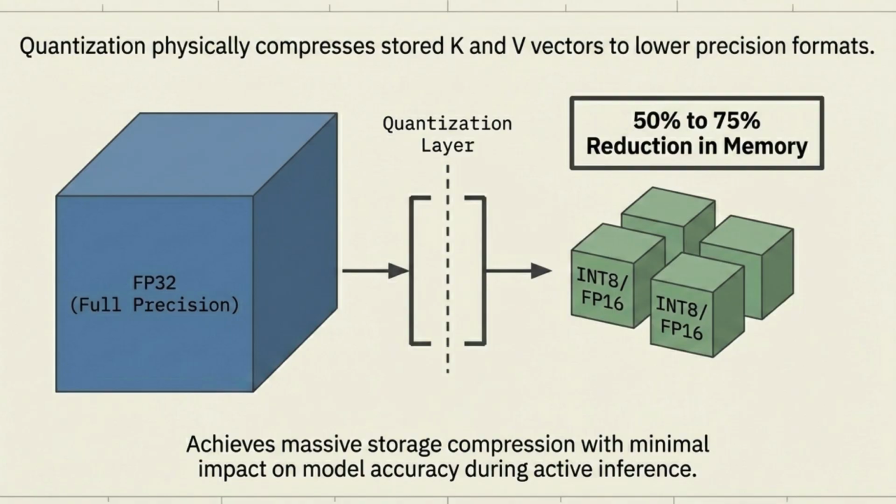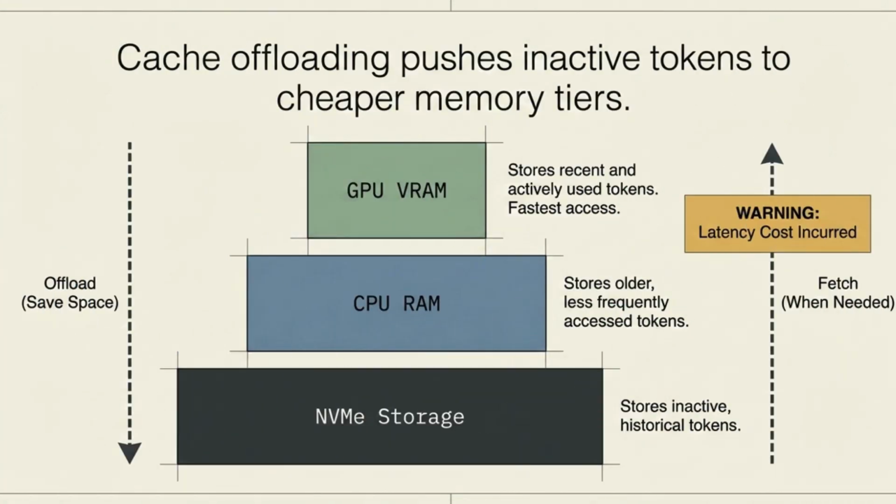Fourth layer, the hardware assist. And at real production scale, you will need this. Cache offloading creates a tiered memory system, 3 levels. GPU VRAM at the top, fastest, most expensive, smallest. CPU RAM in the middle, NVMe storage at the bottom, slowest, cheapest, biggest.